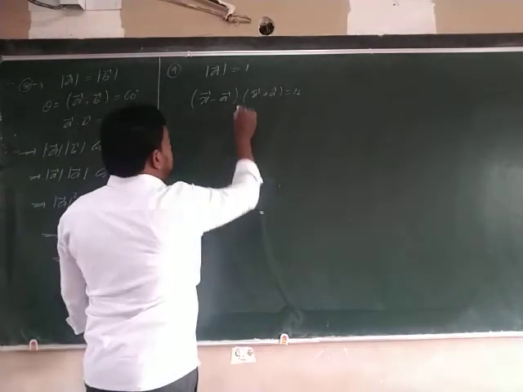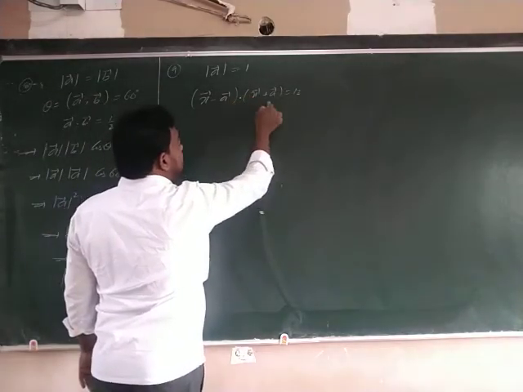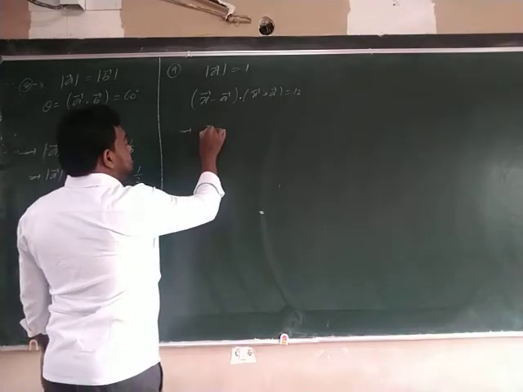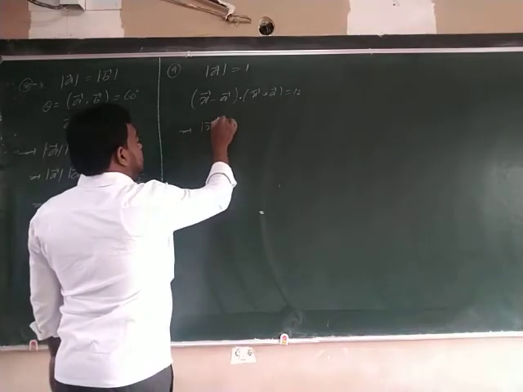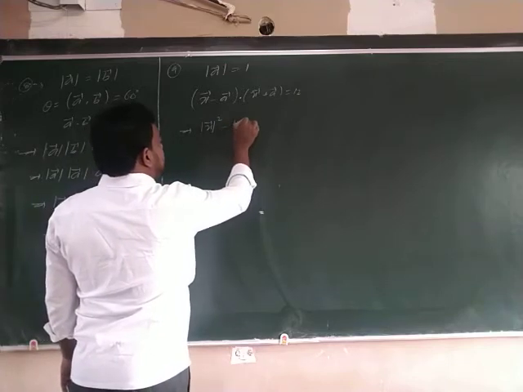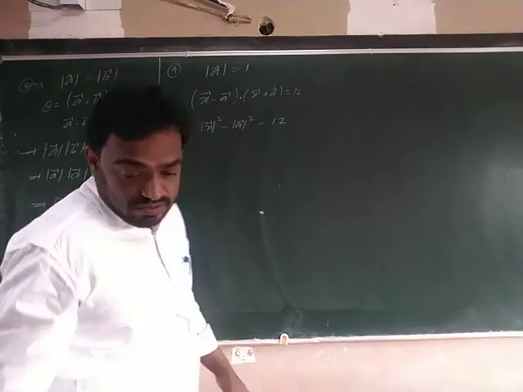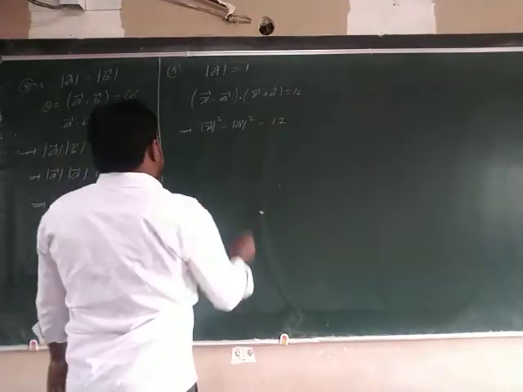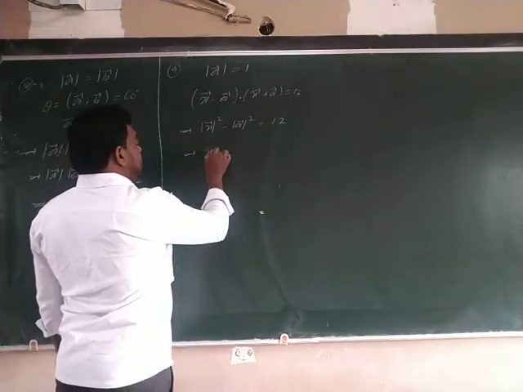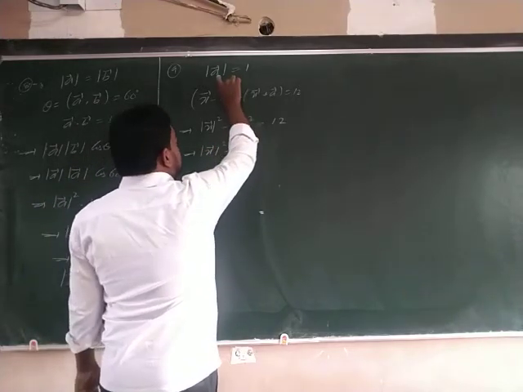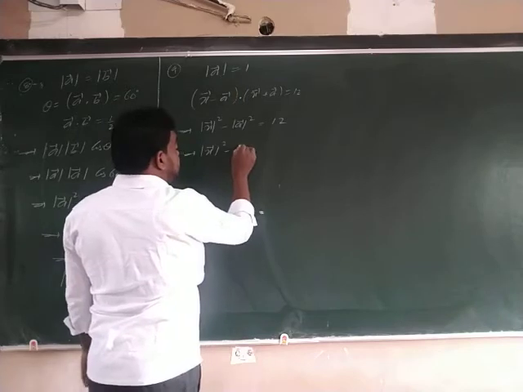So it is in the form of A minus B into A plus B, A square minus B square. That is magnitude of vector x square minus magnitude of vector A square is equal to 12, right? Magnitude of vector A is equal to 1, square is equal to 1.